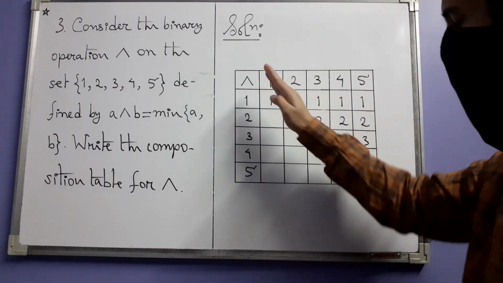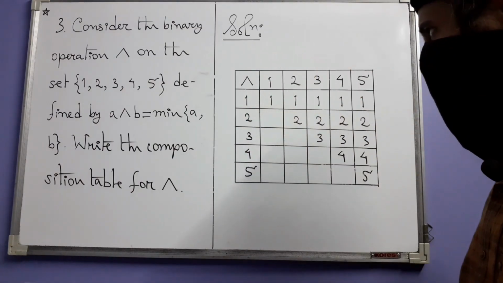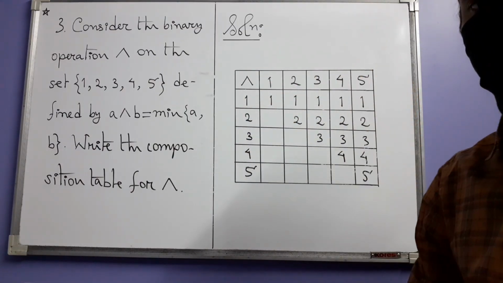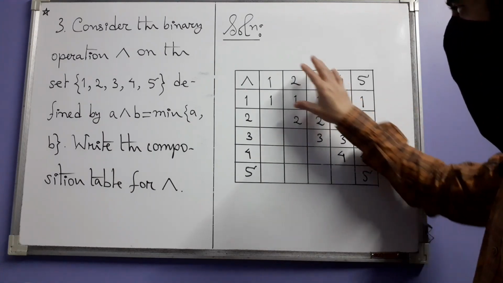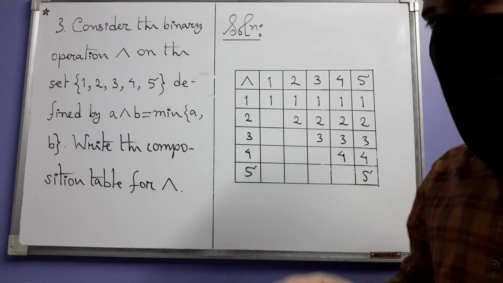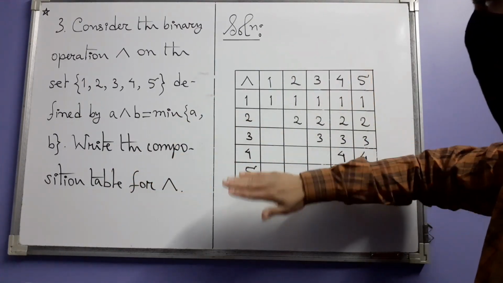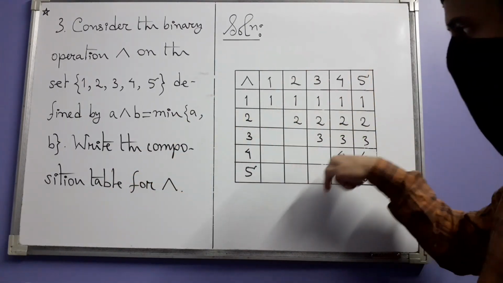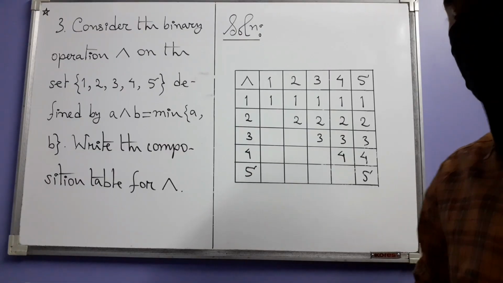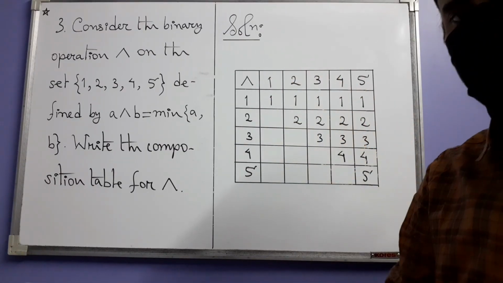This is a triangle in this square grid, upper triangular part. So that's why once you calculate the upper triangular part in the composition table of a binary operation that is commutative, then you reflect it about the diagonal, you get the lower triangular part. So you only need to calculate this part, the rest is automatically calculated.